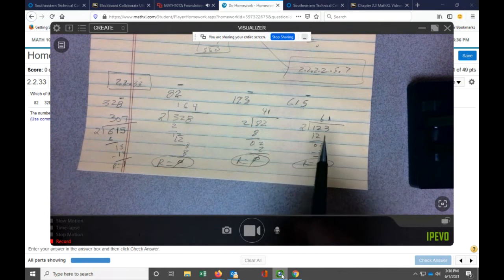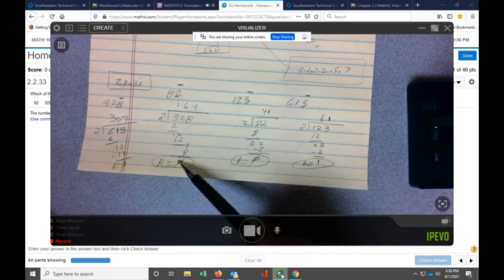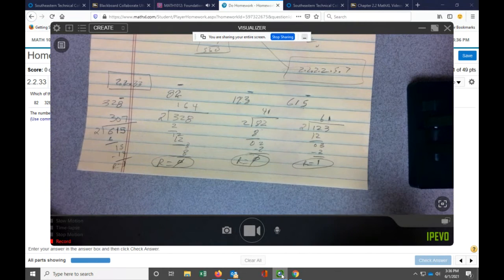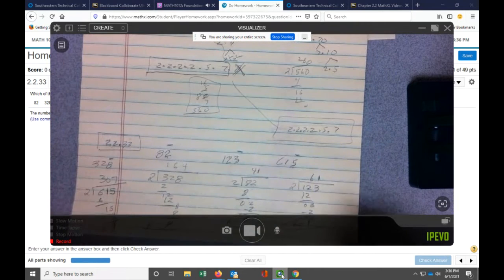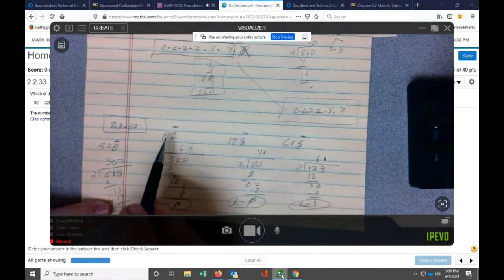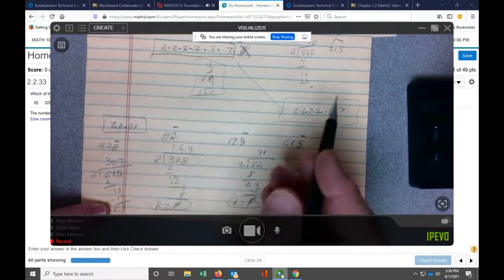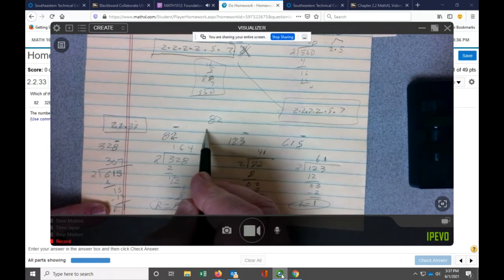So that's one way to do it, is to say, well, can I just divide into this value and get a remainder equal to 0? Now, another way to do it, which would be a little bit cumbersome, would be to simply use repeated subtraction by 2. And I'm not going to do it. I'm just going to show you how it would look. We would say, start with 82 and subtract 2 and get 80.